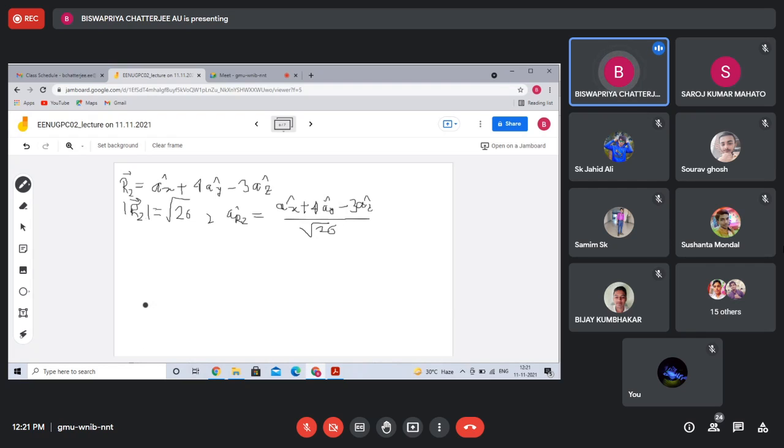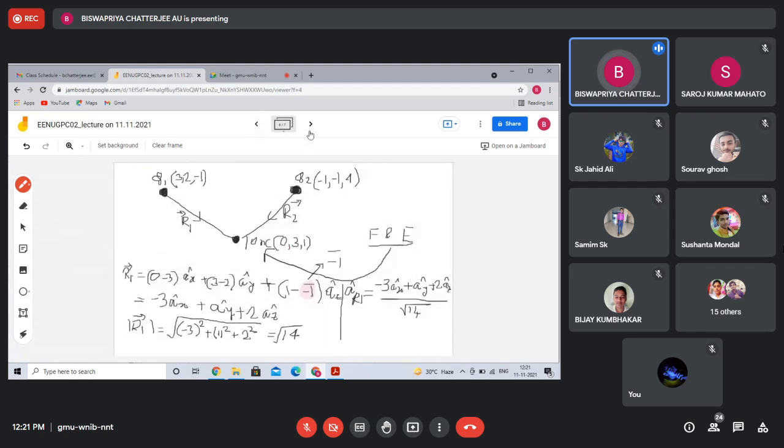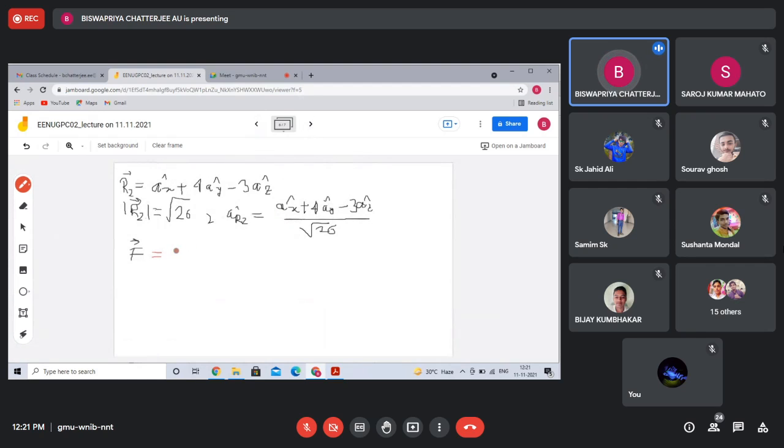Now you directly substitute what F is. Let me use another color. F, you know, it is Q by 4 pi epsilon naught. So what is Q? Q is 10 nanocoulomb.